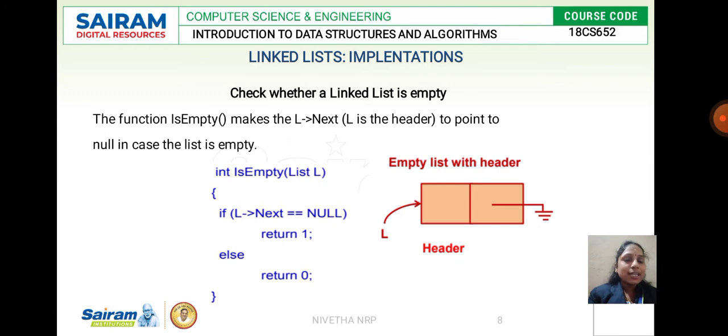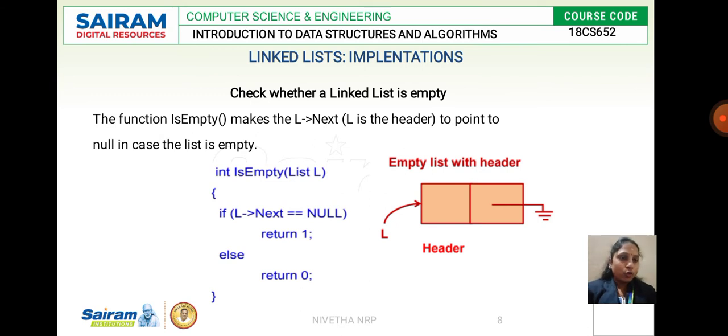So when list of next is equal to null, you return 1. Returning 1 specifies that it is empty. Or else return 0. If it is not equal to null, it means there is another element following it, so your list is not empty. That is why we check this condition through an if statement.